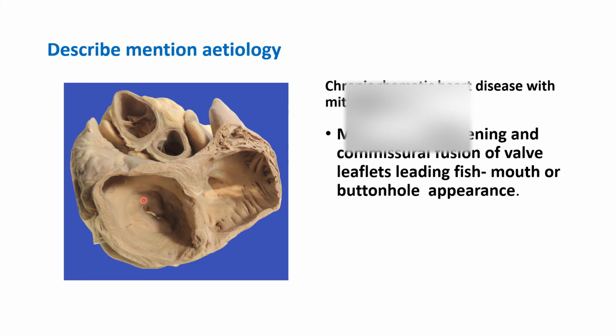So leaflets of the mitral valve are fused, and subsequently it has led to an opening which is slit like, or it is likened to the fish mouth appearance or buttonhole like appearance, very classical here. So this is advanced mitral stenosis, the fish mouth or buttonhole type of mitral stenosis as viewed from the left atrial surface.